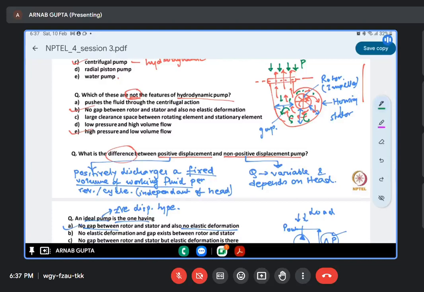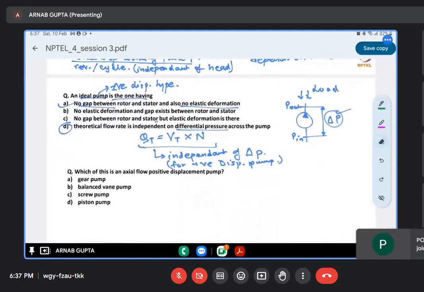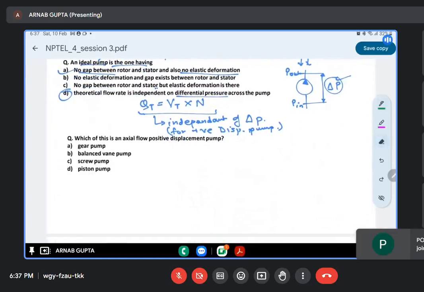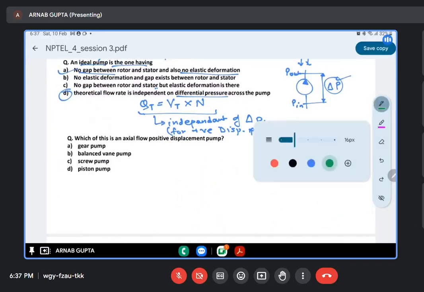So you can understand that for a non-positive displacement type pump, this value of Q is dependent on P. But for an ideal positive displacement pump, both of these hold good.